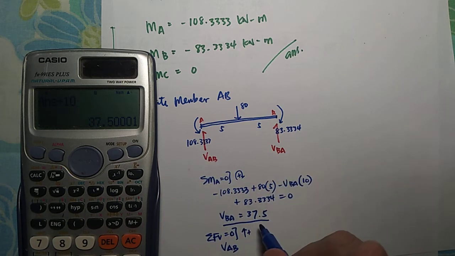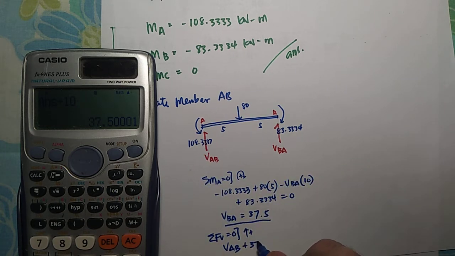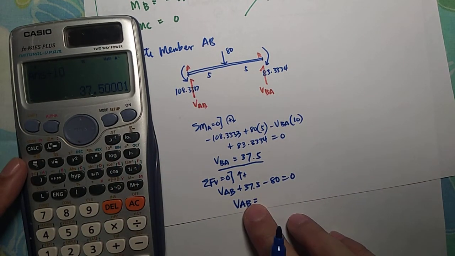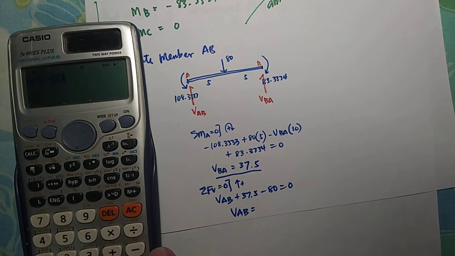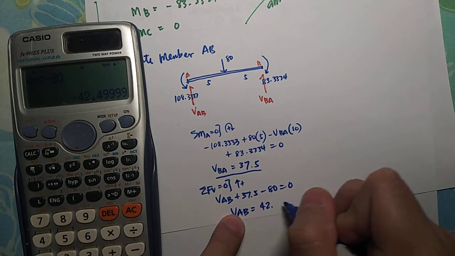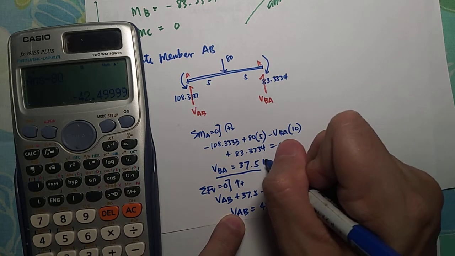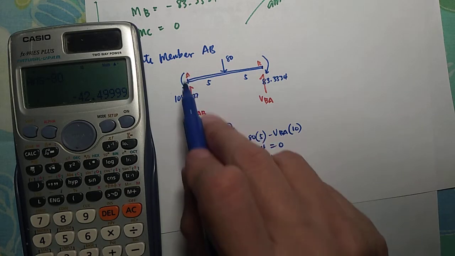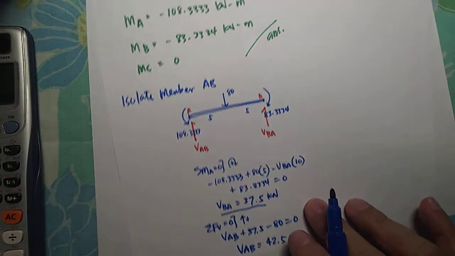Tapos yung VBA, ito, pataas din, plus 37.5, minus yung 80, equal 0. So, makukuha ko yung VAB. So, that would be minus 80. So, 42.5 kilonewtons. That is positive. That means, pataas dito. Tama. So, yan na yung shear.